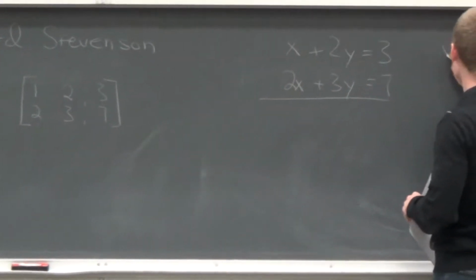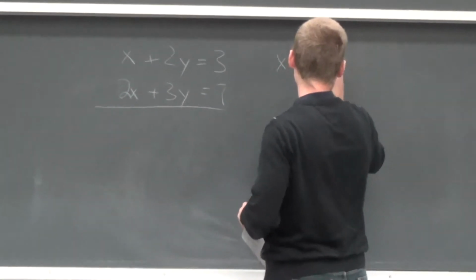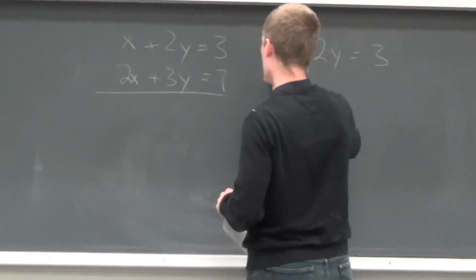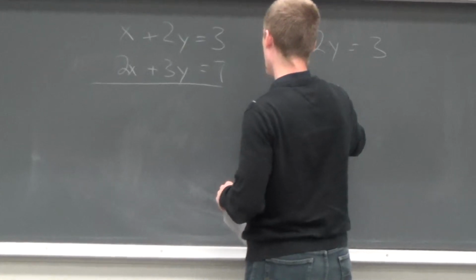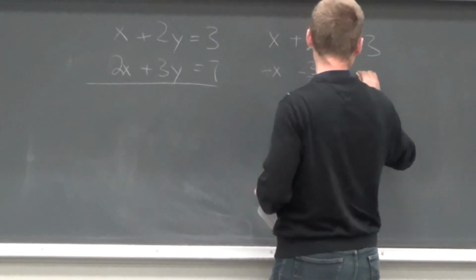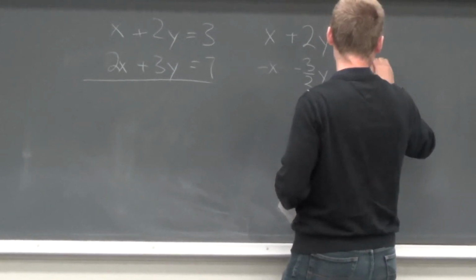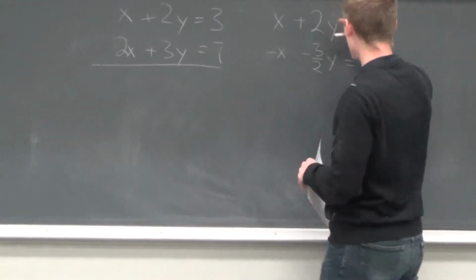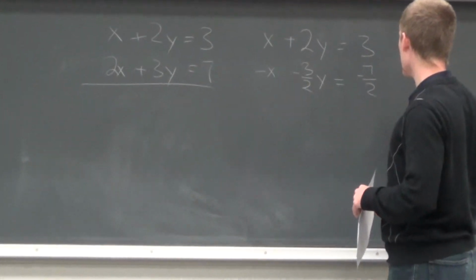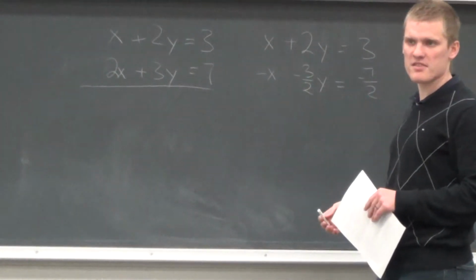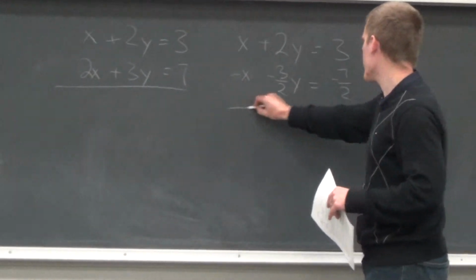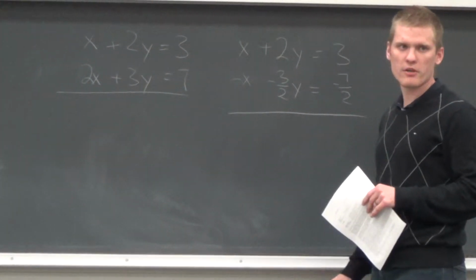That transforms this into the following set of equations. So we have, first equation stays the same, and then the second equation becomes negative x minus 3/2 y equals negative 7/2.